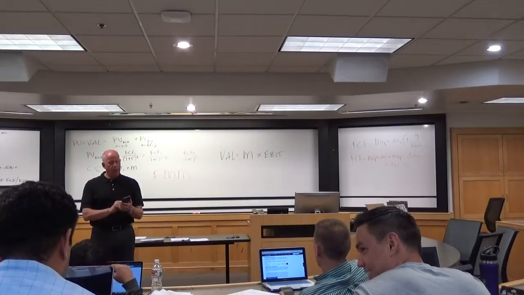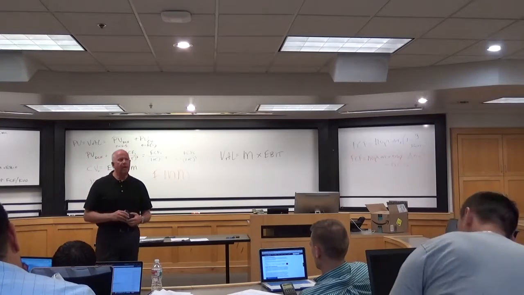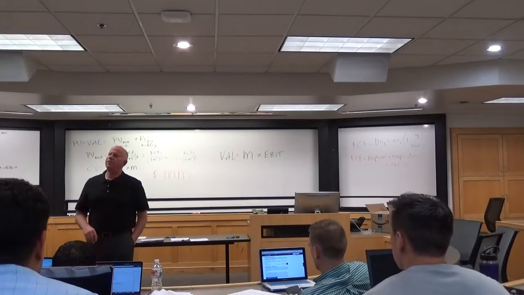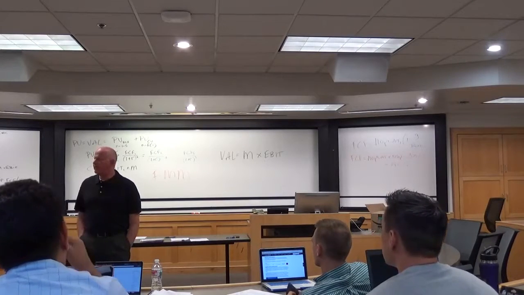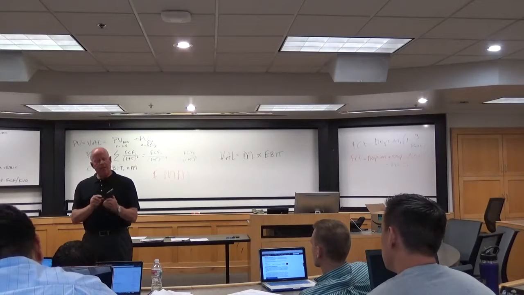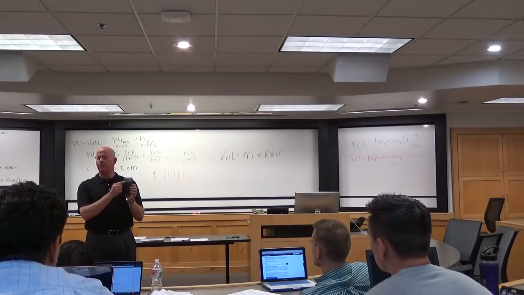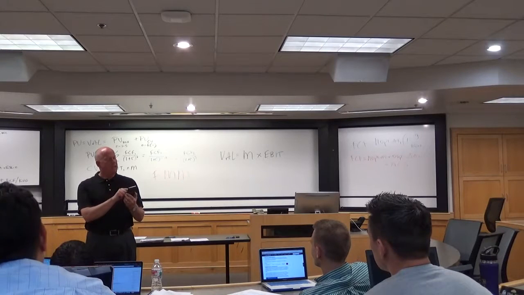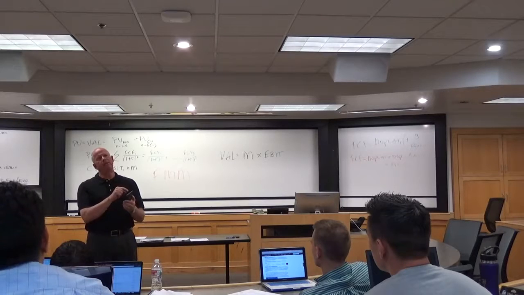Okay, so let me give you some general things about this. I had my HP 12C in my pocket one day, and I put my hands in my pocket, pulled it out, and saw underneath all my zeros it said BEG. And I couldn't figure out what the heck BEG meant. And I realized it was beginning versus end.